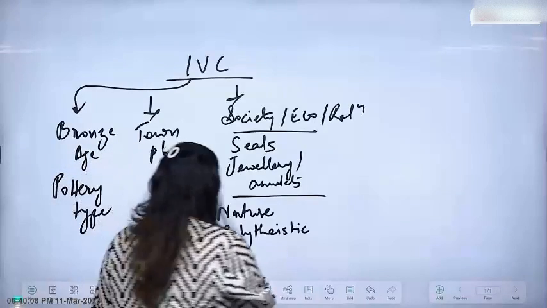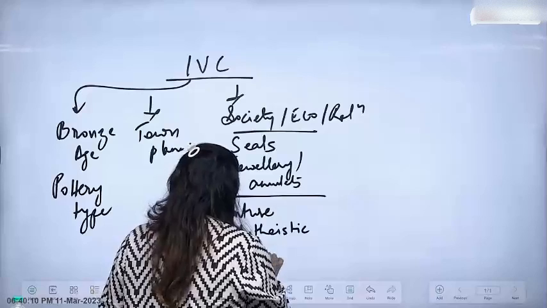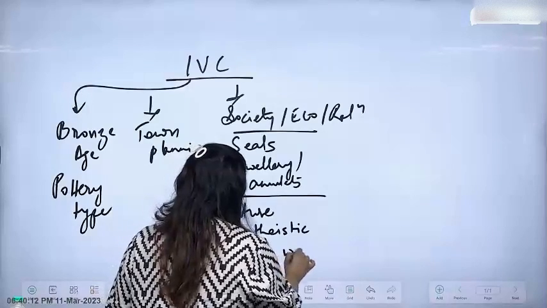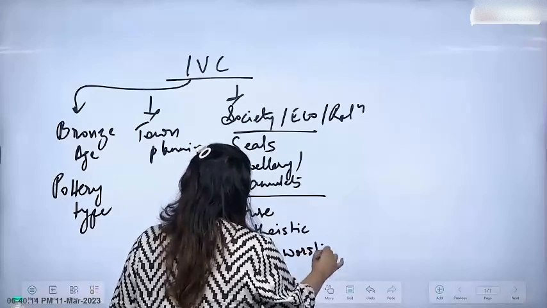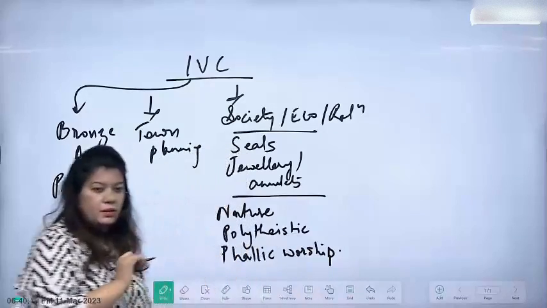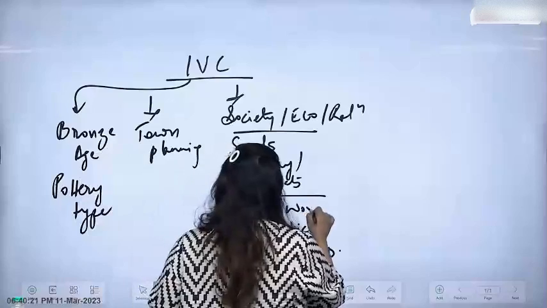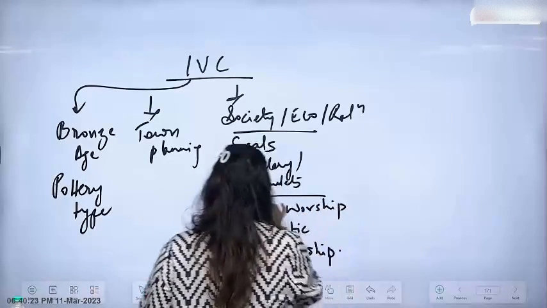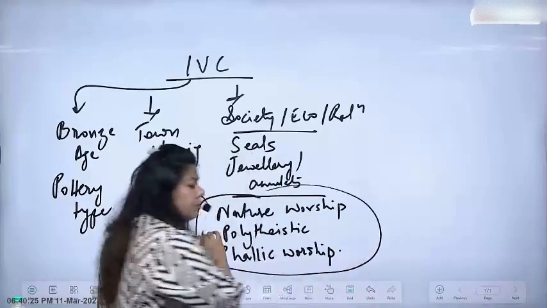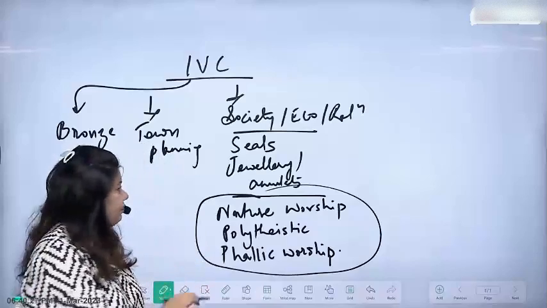Mother goddess also. Phallic worship, worshipping of genitals. So these were the characteristic features which characterize the religion during Indus Valley civilization, right?